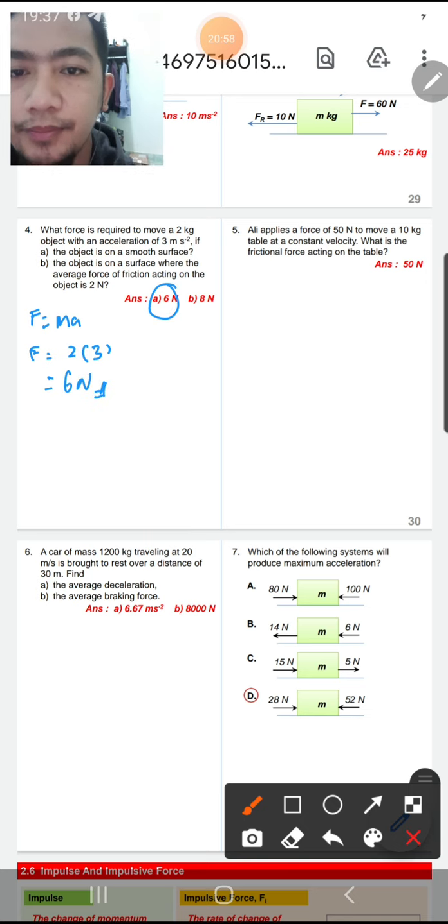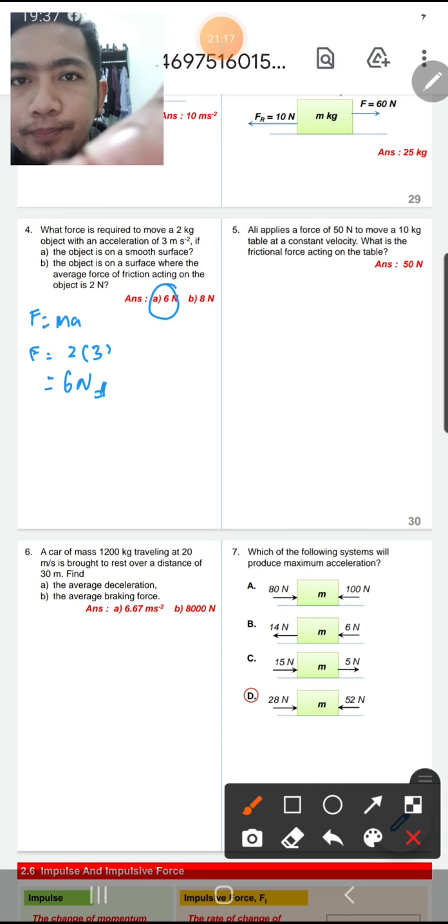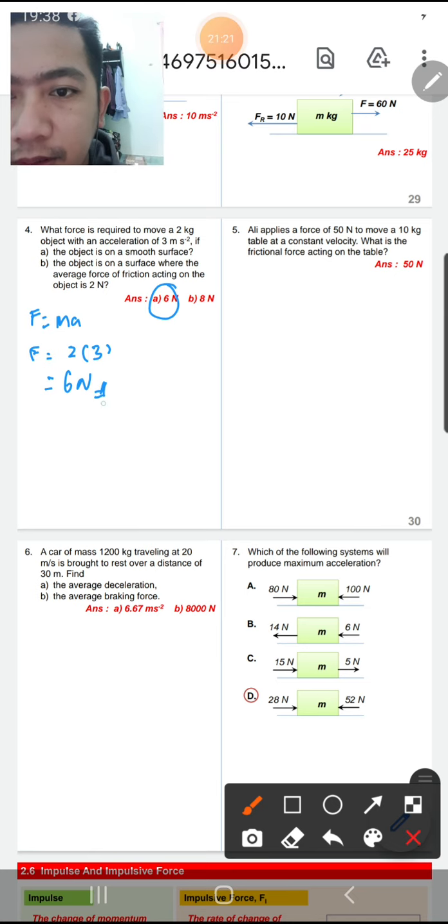Okay, easy. The second one is find the force if the object is on a surface where the average force of friction acting on the object is 2 Newton. Same also.